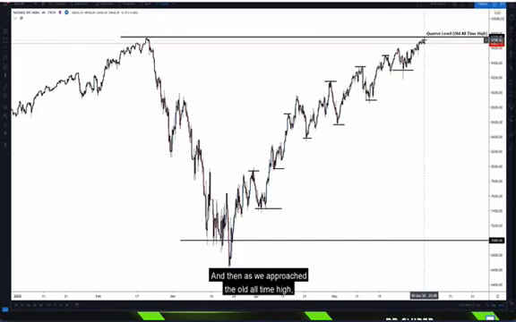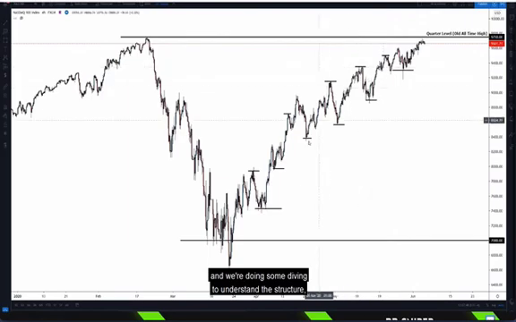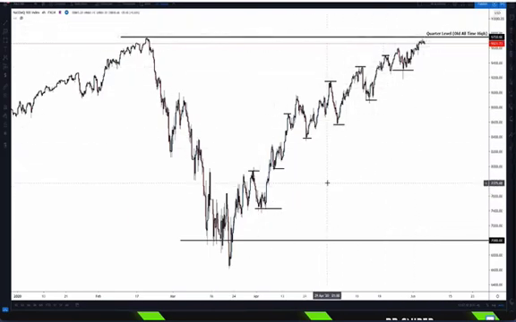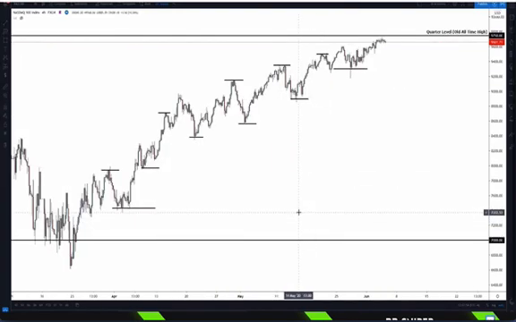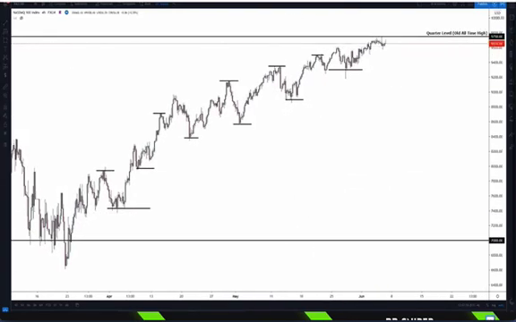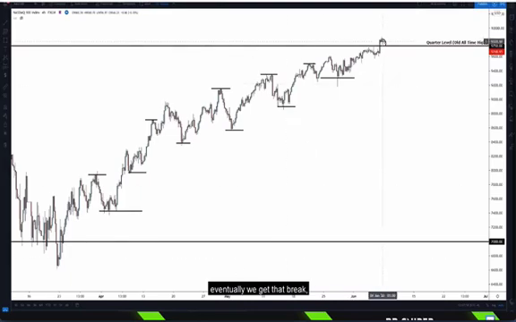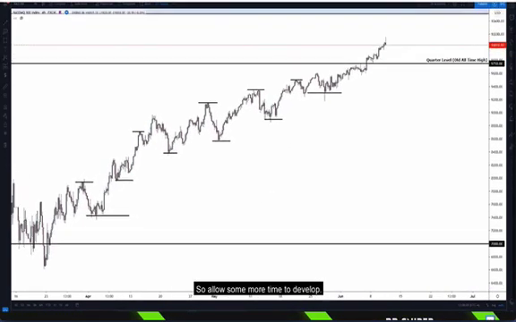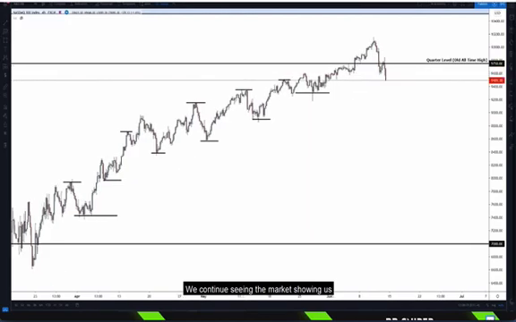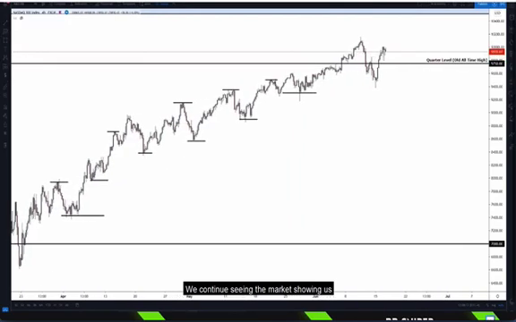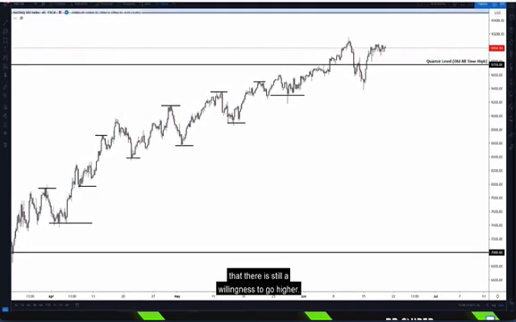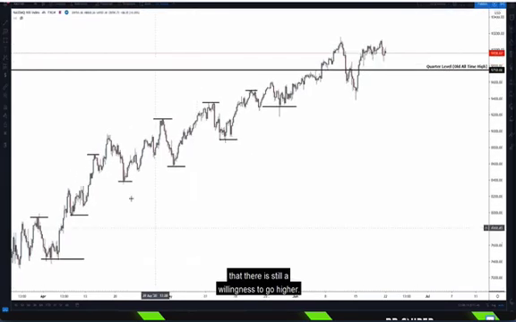And then as we approach the old all-time high, and we're doing some diving to understand the structure, eventually we get that break. Nice, clean 4-hour candle close. To allow some more time to develop, we continue seeing the market showing us that there is still a willingness to go higher.